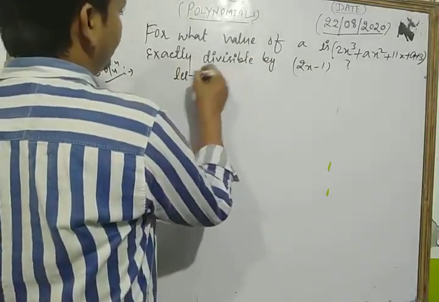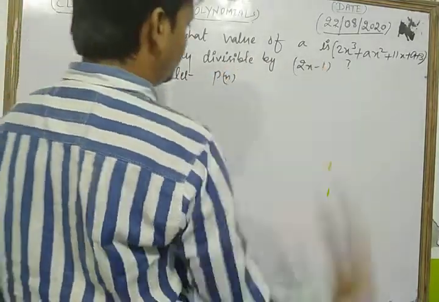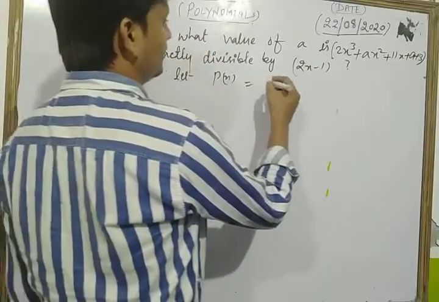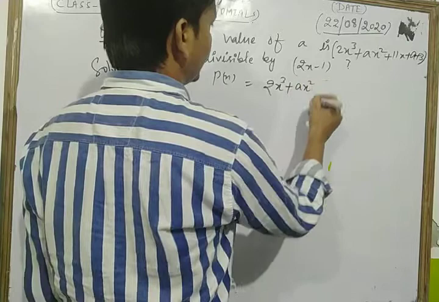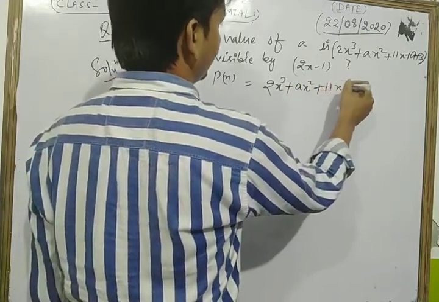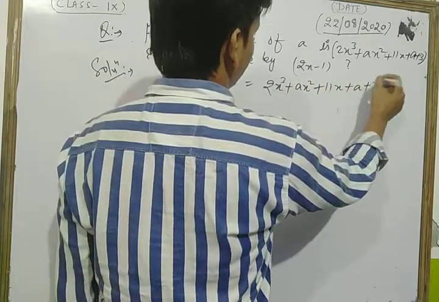First of all, we take the given polynomial as p of x is equal to 2x cube plus ax square plus 11x plus a plus 3.